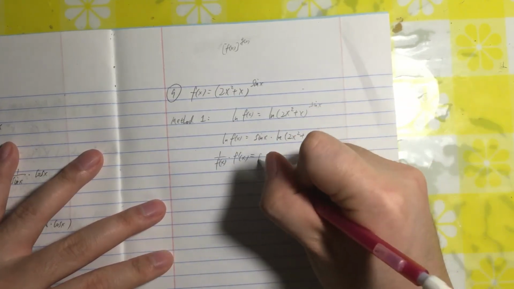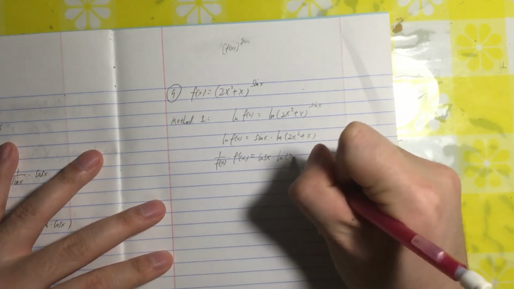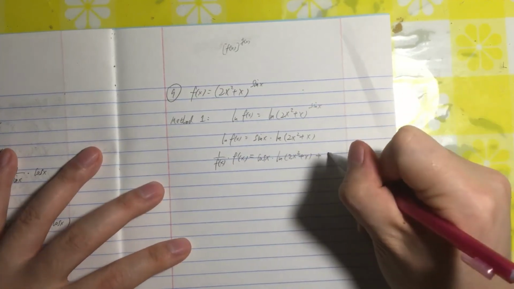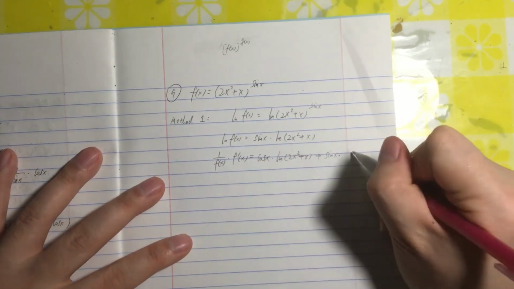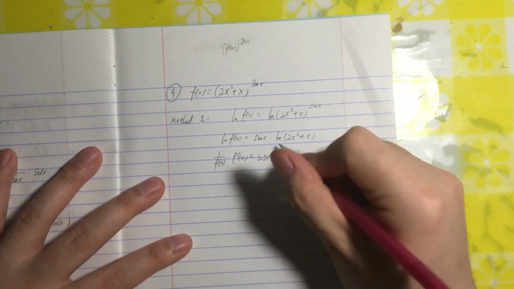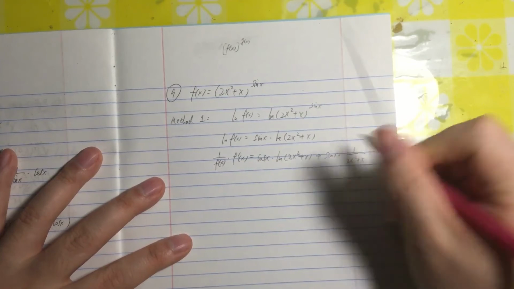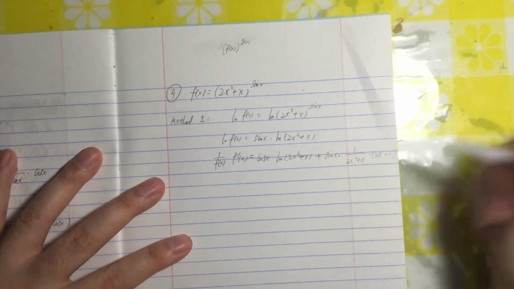The product rule says the derivative of the first times the second plus the first times the derivative of the second. That's 1 over the inside 2x squared plus x times the derivative of the inside, which is 4x plus 1.